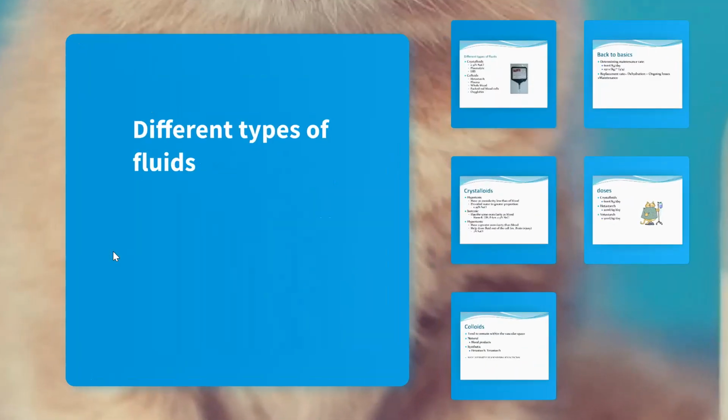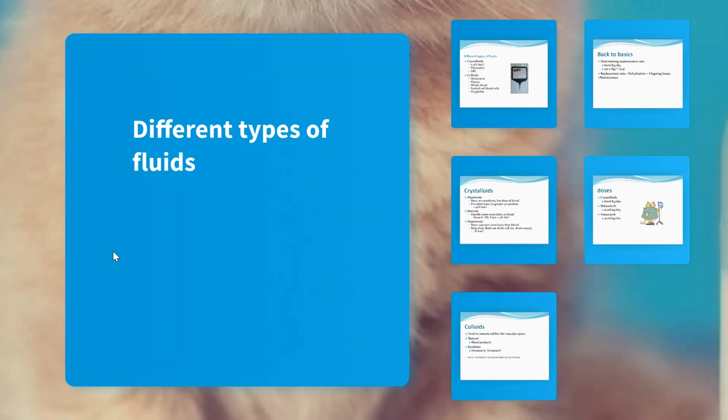So types of fluids, I want to go through some of these because it's important that you guys know our standard fluid calculations that you're going to have to know to do these math problems.